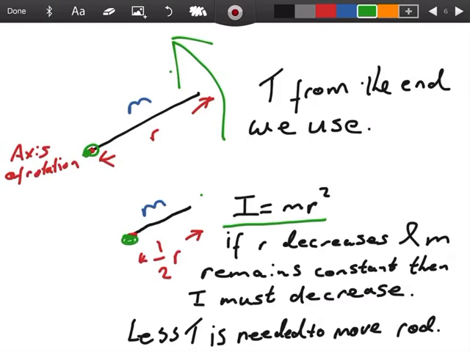If you don't, feel free to watch it back a couple of times. YouTube allows that. It's not illegal. So if the inertia decreases the closer the mass gets to the centre of rotation, that's the distribution we're talking about. If the mass is distributed closer to the centre of rotation, that means less torque is needed to move the rod.